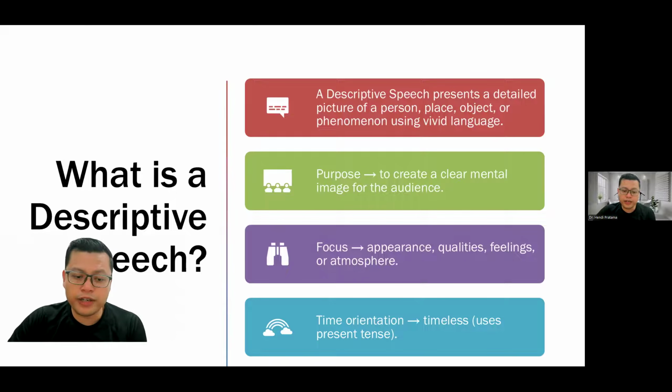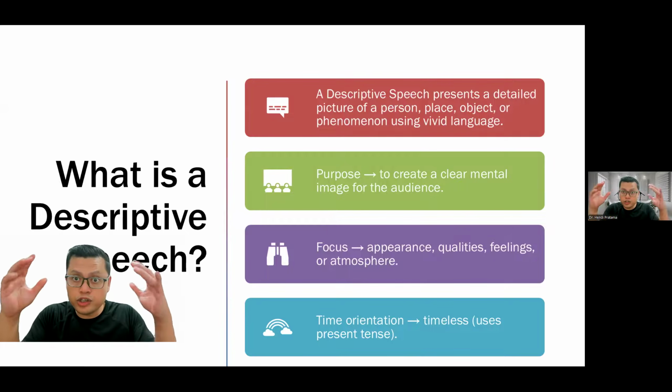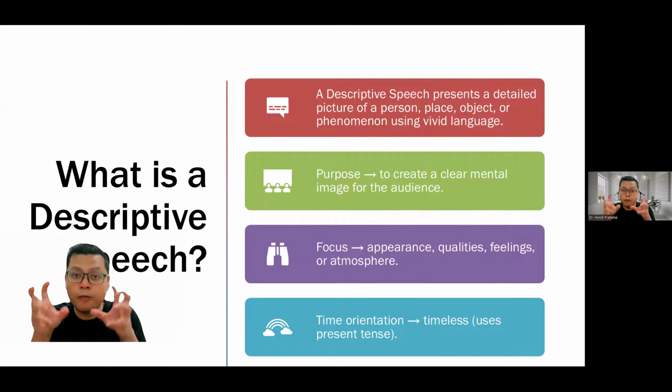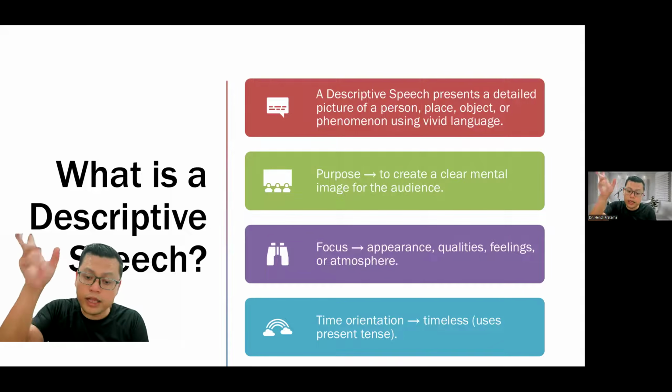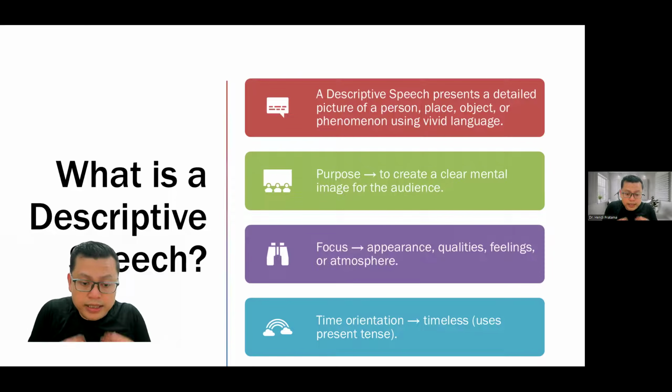The purpose of a descriptive speech is to create a clear mental image for the audience. You want to make them imagine the person, imagine the thing that you explain. So you have to be as vivid as possible, as visual as possible. Now, of course, you have to focus on the appearance of someone or something.